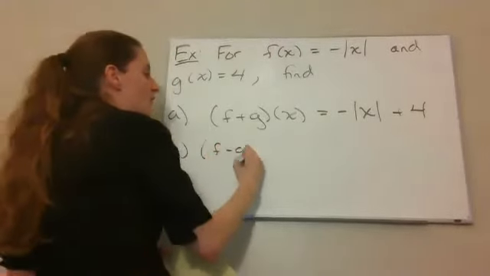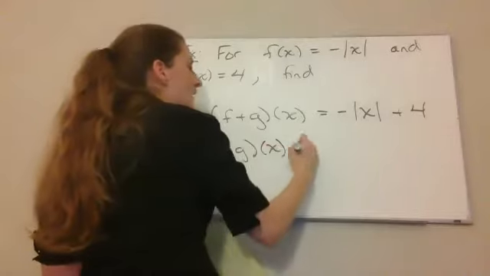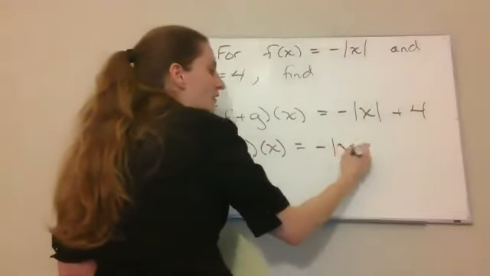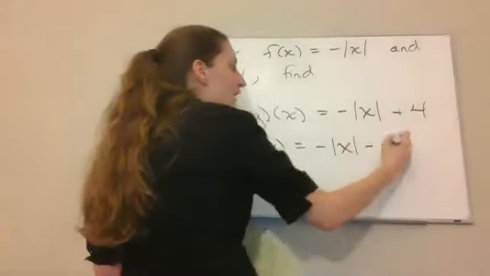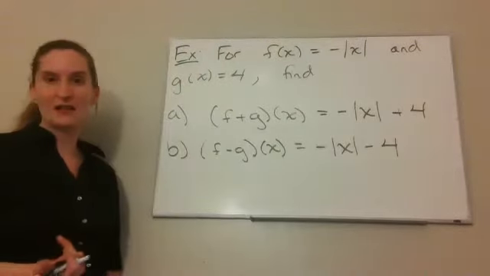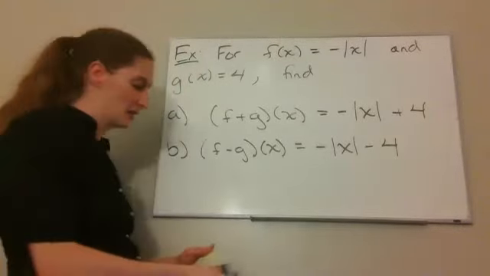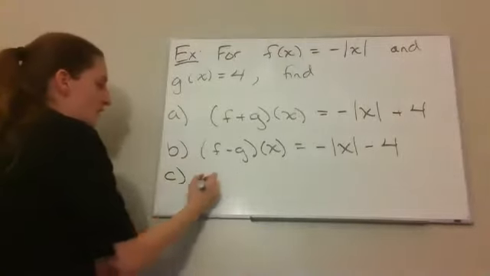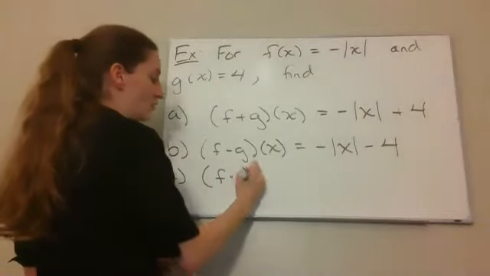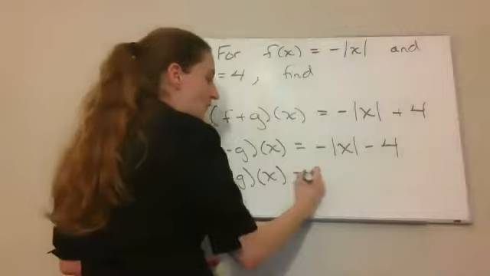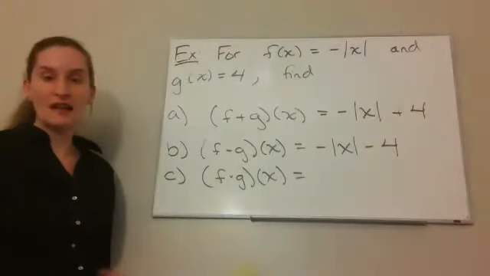The difference of the two functions is done very similarly. It's just I have to subtract 4 because I'm subtracting the function g rather than adding it. The function f times g, it's just as simple as multiplying the two functions together.